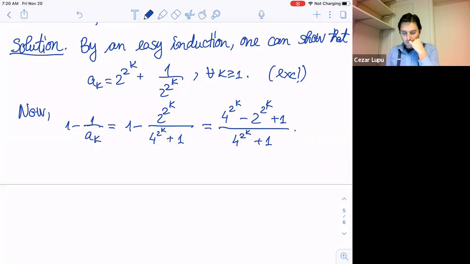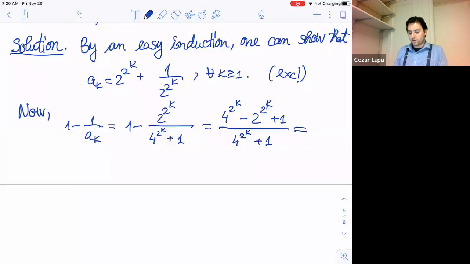And now we would like to see something here, because I think we can rewrite this a bit. If we multiply by 2^(2^k) + 1, we have the cube formula.